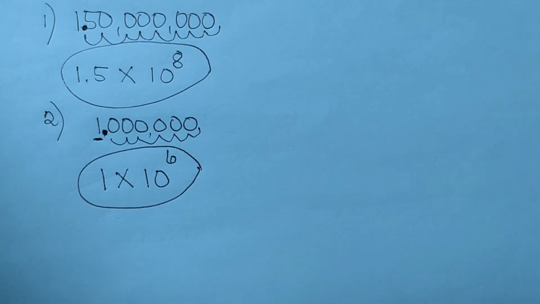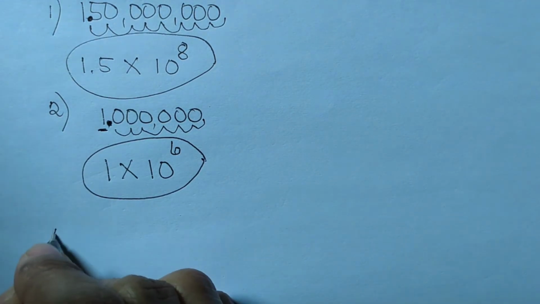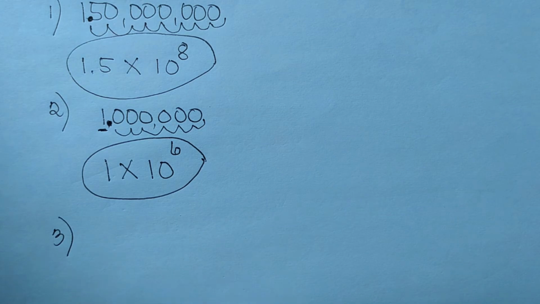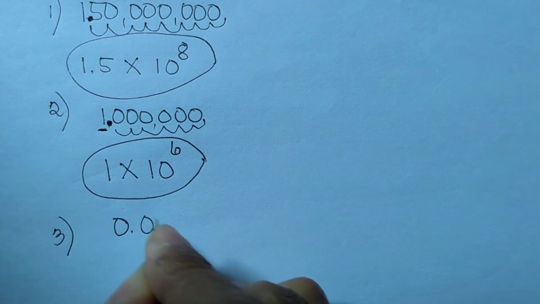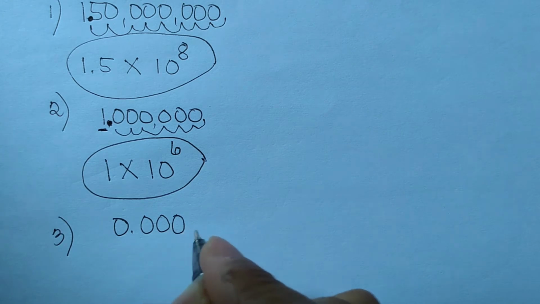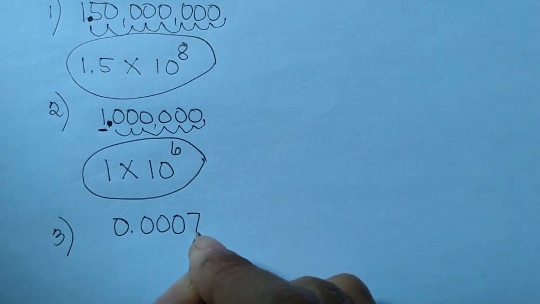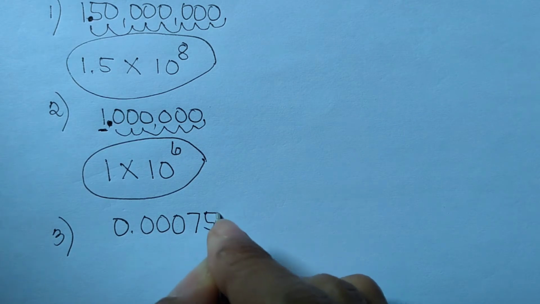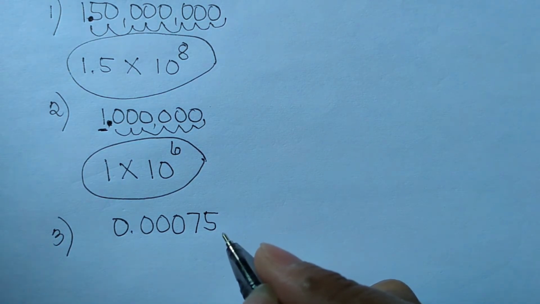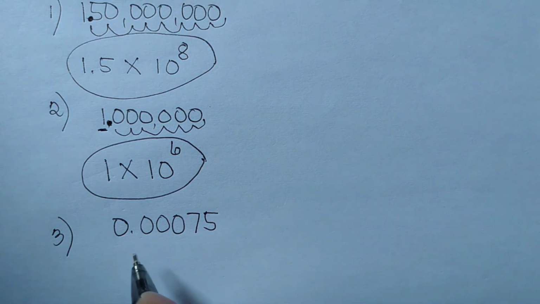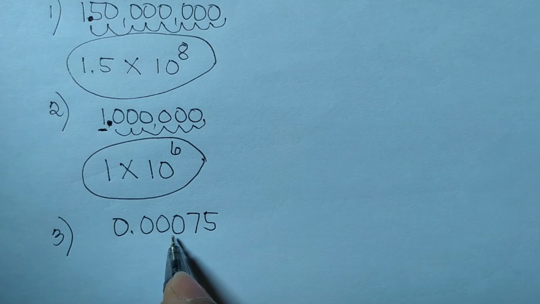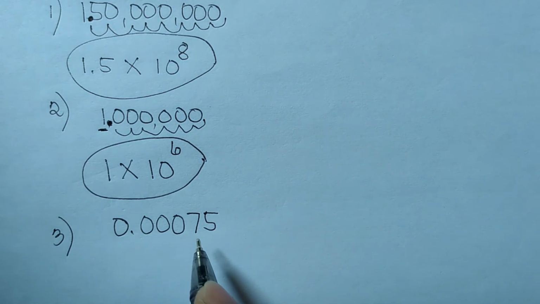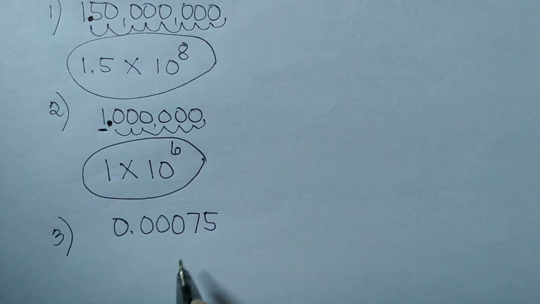Another example. Let us have 0.00075. So this is read as 75 hundred thousandths.